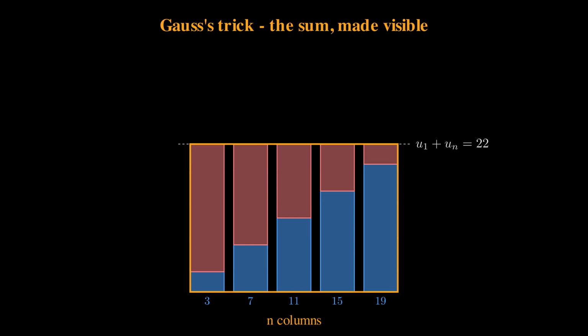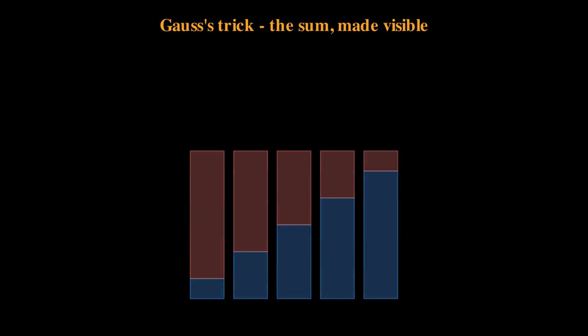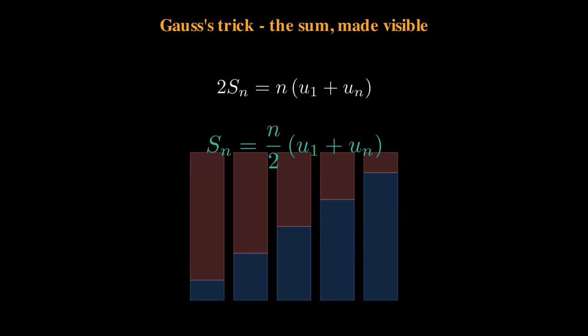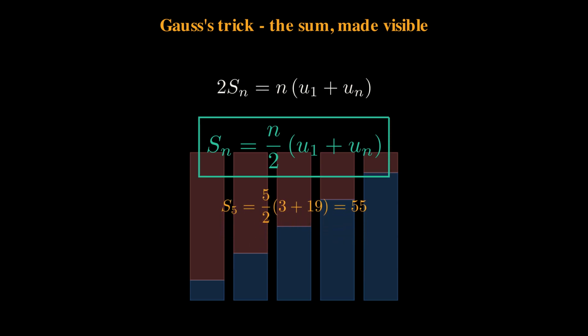So twice the sum equals n times u1 plus un. Divide by 2. And out drops the formula. No memorizing required. The sum of n terms is n over 2 times the first plus the last. For our 5 terms, 5 times 22 over 2, that's 55.